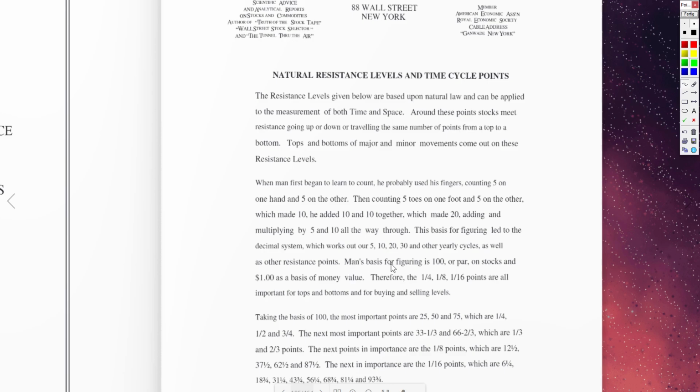Again, man's basis for figuring is 100 on par on stock and $1 as a basis of money value. You see, in this entire zone, we have 5, 10, 12, 20, 30, whatever. So the number 1 is not actually being referenced here.